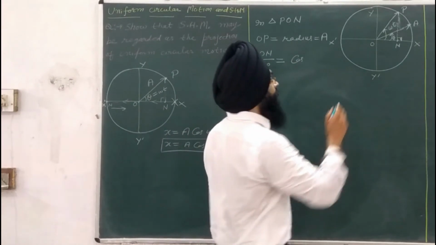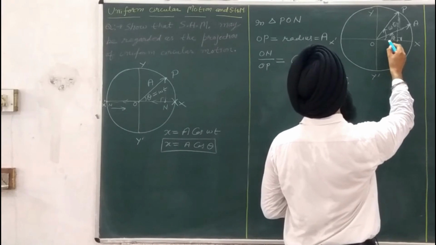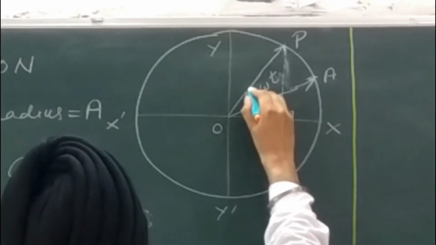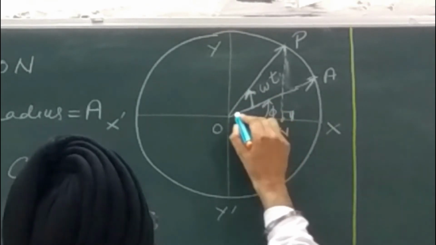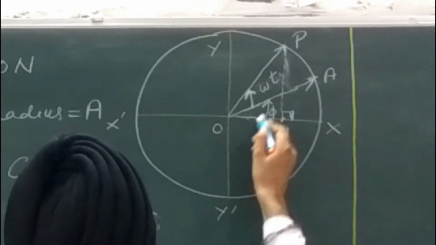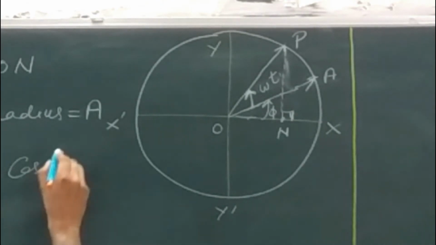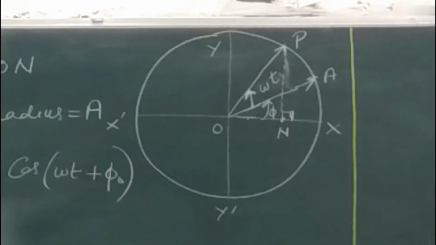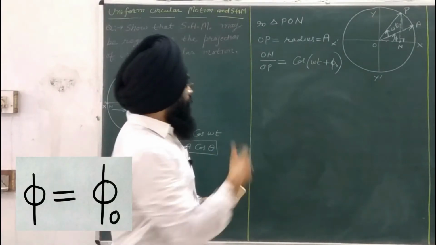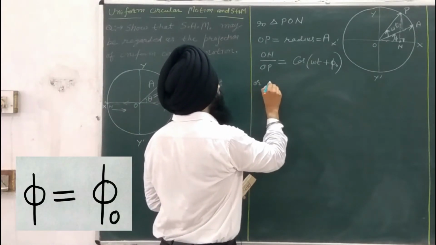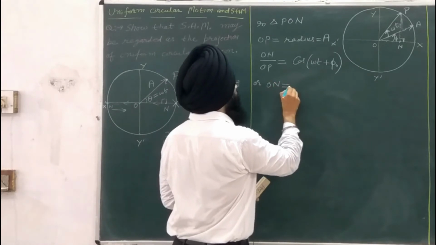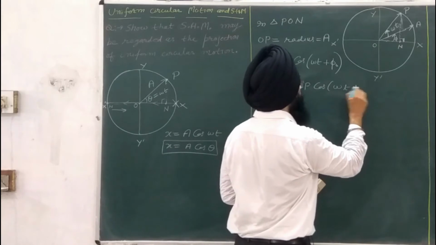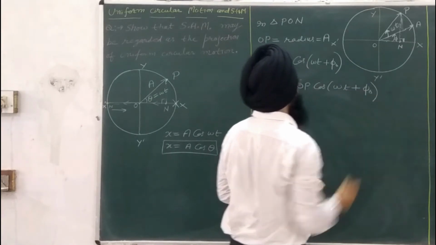Now in this case, this angle is omega t and this angle is phi naught. So the total angle comes out to be cos of omega t plus phi naught. Or we can write like this, ON is equal to OP cos of omega t plus phi naught.